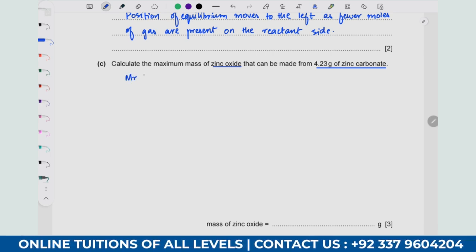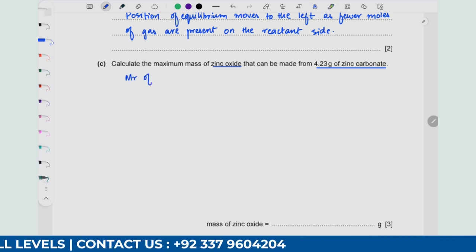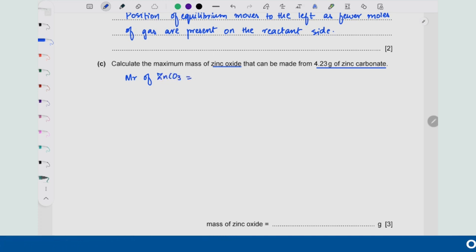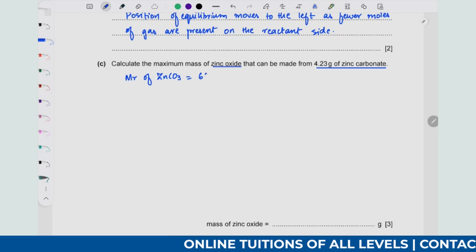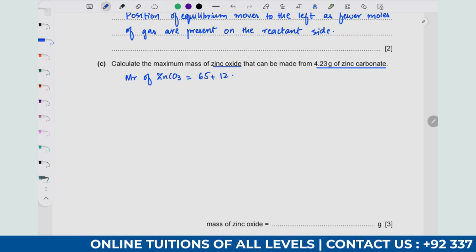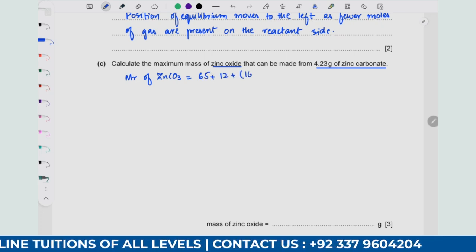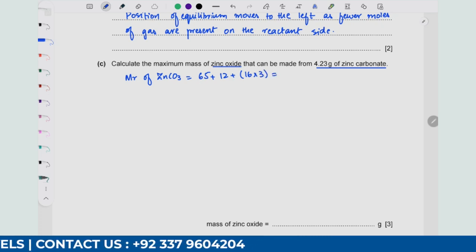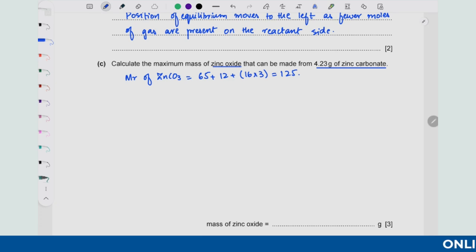For number of moles, we must know the MR of ZnCO3, which will be equal to zinc is 65 plus 12 plus 16 into 3, which will be equal to 125.